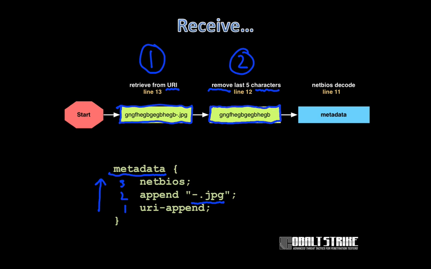And likewise, for step 3, which is the NetBIOS encode step, when we're doing a recovery, the inverse is to decode. So we're just going to do a NetBIOS decode, and we end up with the metadata. And that's how a data transform works to recover data.